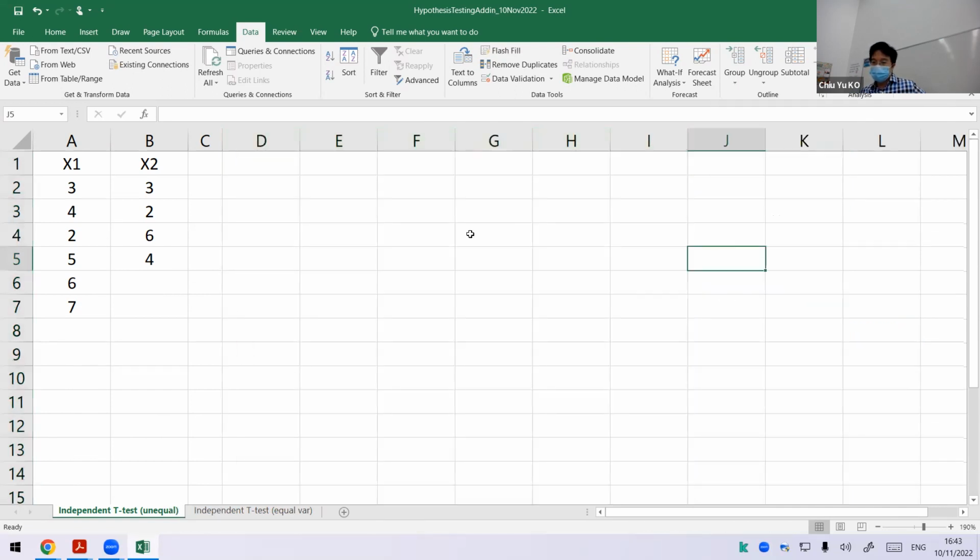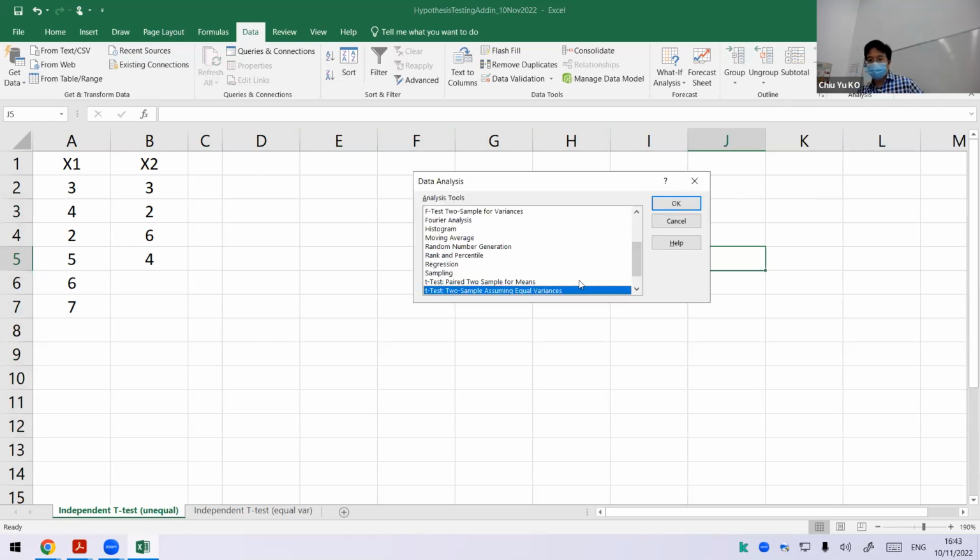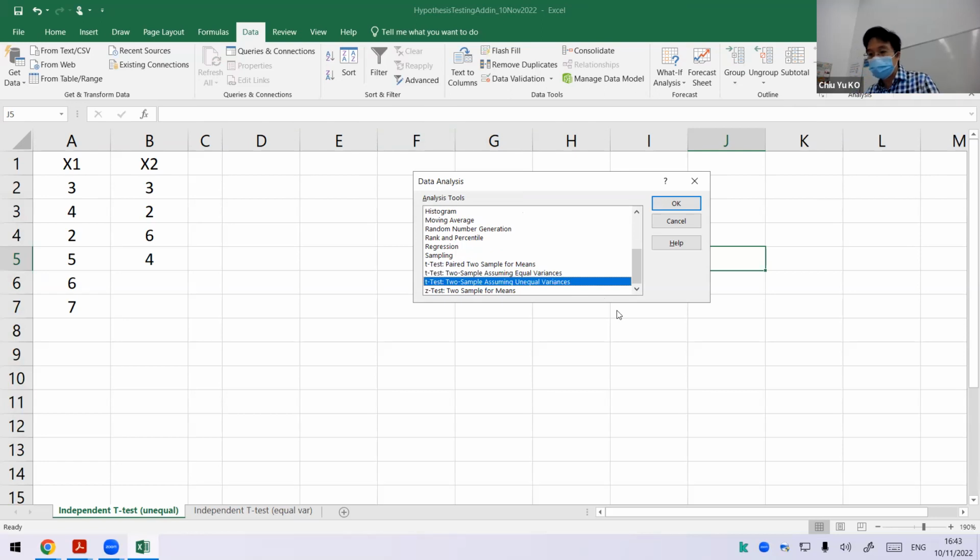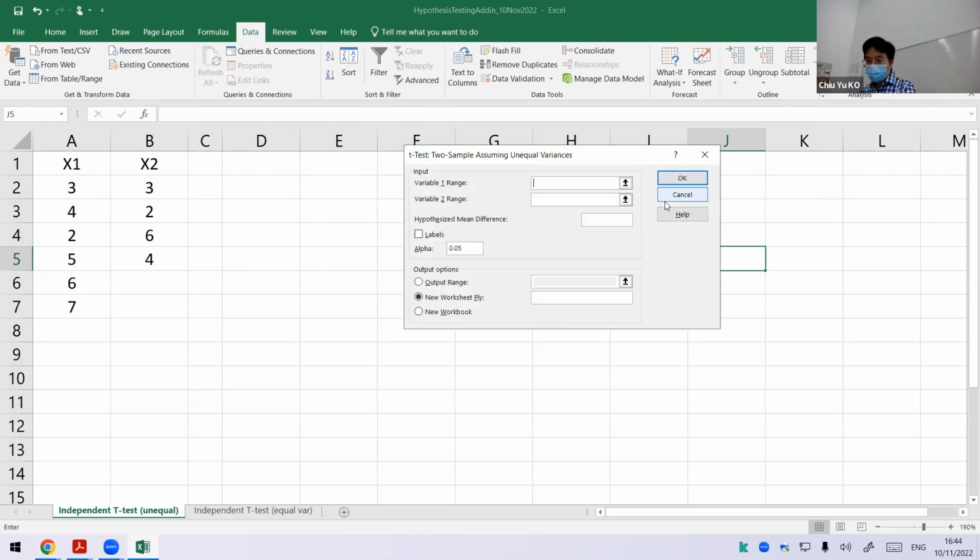So we again do the data analysis, and what we do is this: T.TEST two sample assuming unequal variance. So second to the last one. And I click OK. And again, I tell it what the range is.